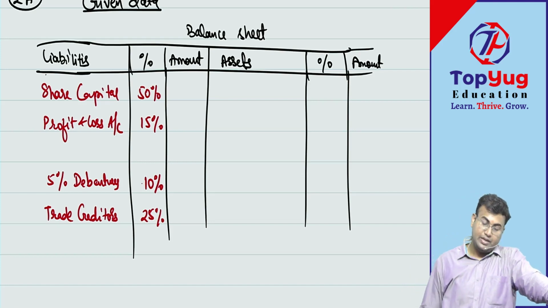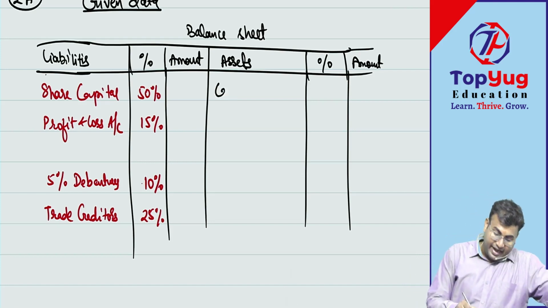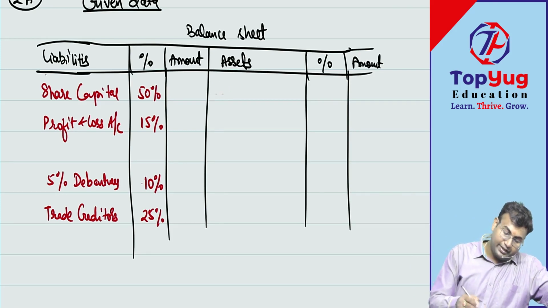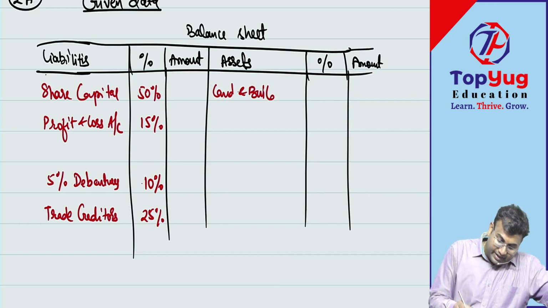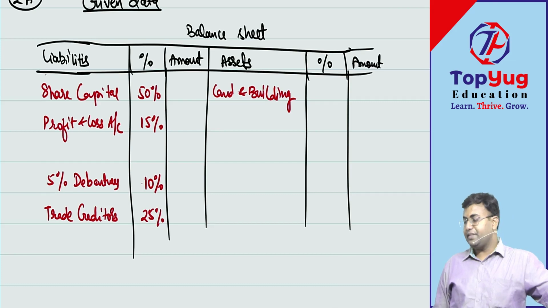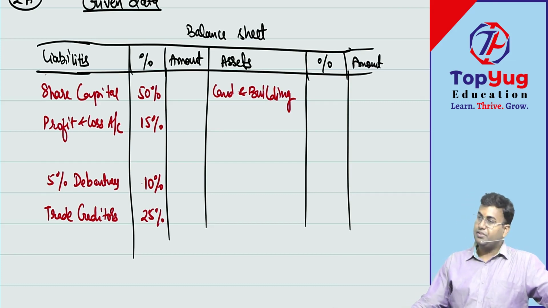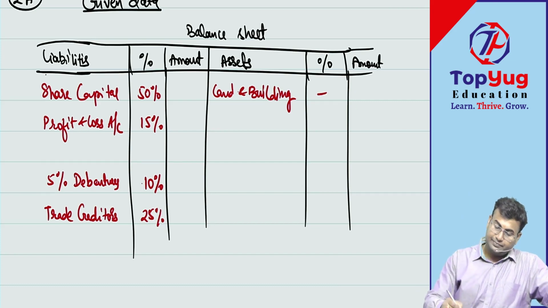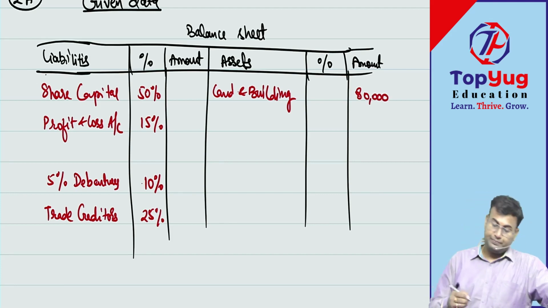Yes. Then comes the land and building on the asset side. I'm just plotting the given data. I have not started solving the answer yet. Land and building, bigger problem, no? It will take time. So what does it say? Unchanged. Clearly mentioned unchanged. So can I write 80,000 as 80,000? I don't know the percentage, I am leaving it blank. So can I write down 80,000 straight away?